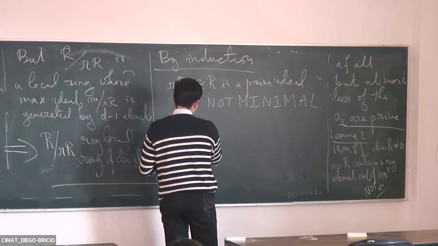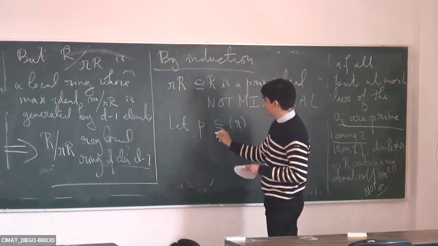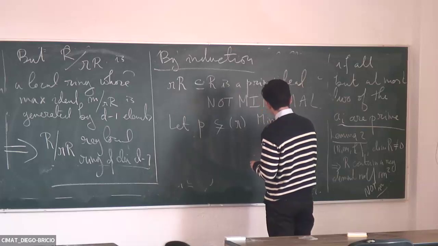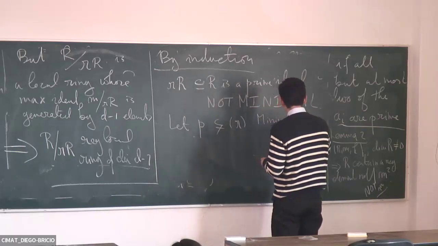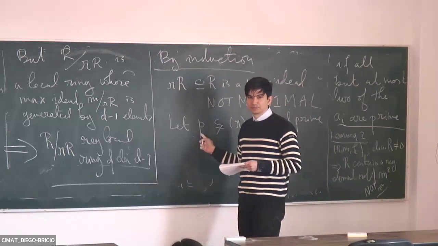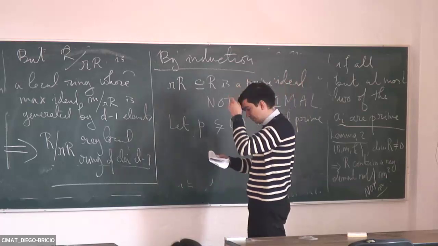So let P be a minimal prime, right? It is not minimal, but it contains a minimal prime. Notice that we win if we prove that this P is 0, because we will be proving that 0 is a prime ideal, which is what it means to be an integral domain.